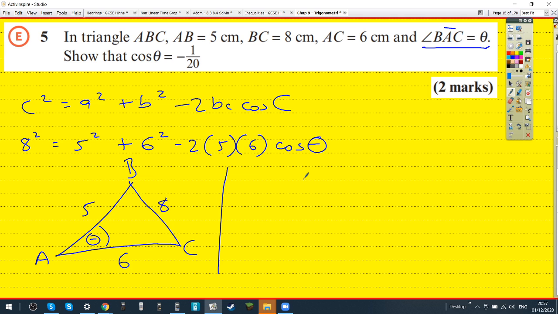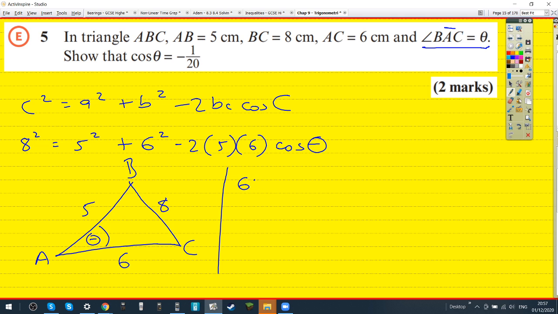I got 8 squared equals 1 cos theta. Or just cos theta. I think. How did you do that? Well, I just simplified everything. So I did 5 squared, which is 25 plus 36, 61.